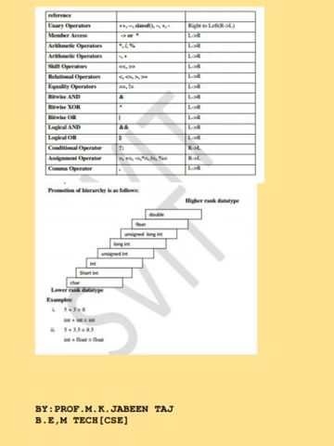Evaluation of expression involving all the operators. The rules to be followed while evaluating any expressions are shown below. Replace the variable if any by their values. Evaluate the expression inside the parenthesis. Rewrite the expressions with increment or decrement operator as shown below.